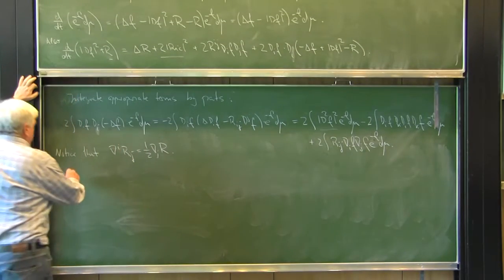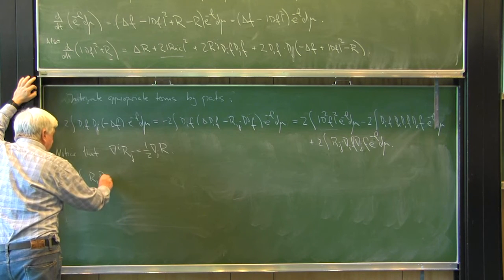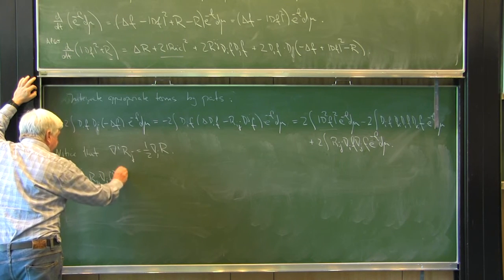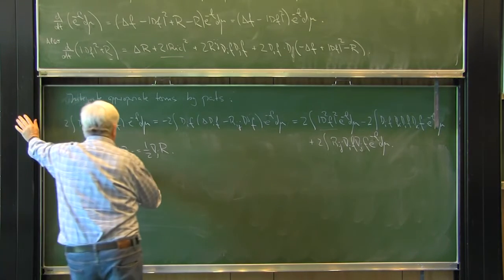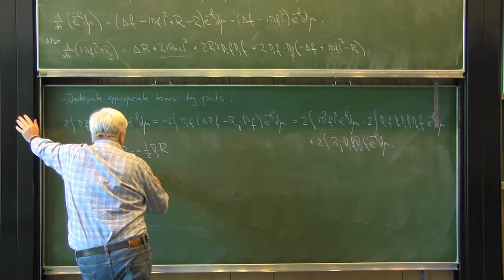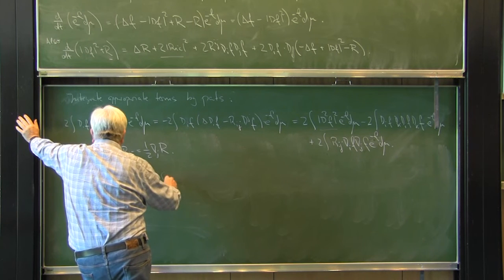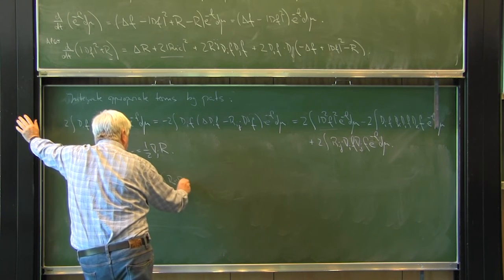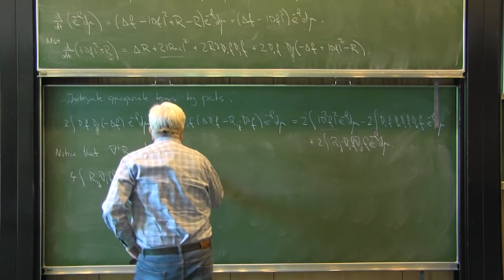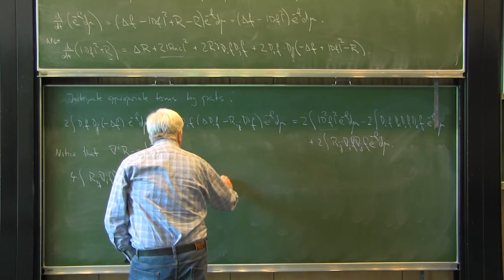So we can write the 4 terms R_ij ∇_i f ∇_j f e to the minus f as minus 4 times R_ij ∇_i f ∇_j of e to the minus f dμ_g.